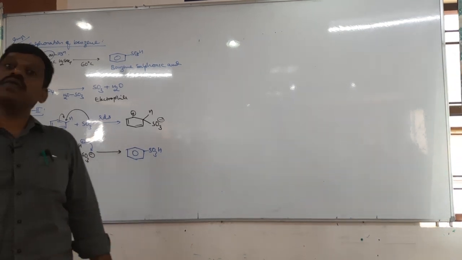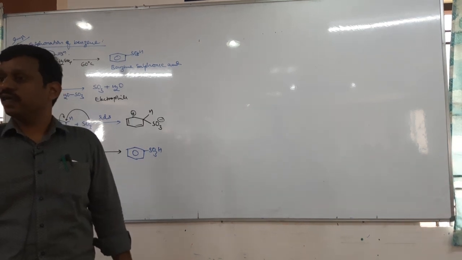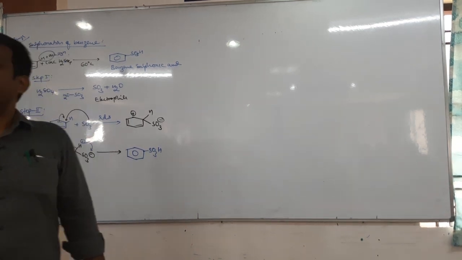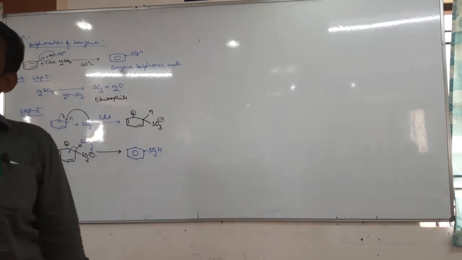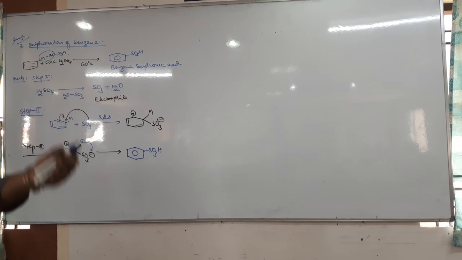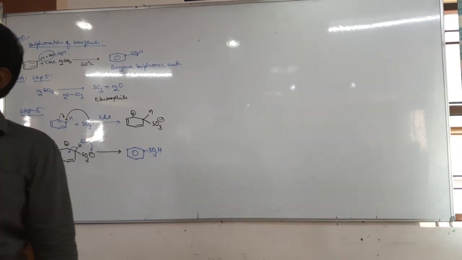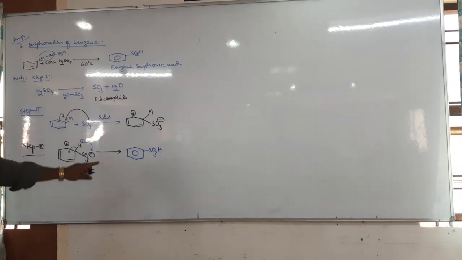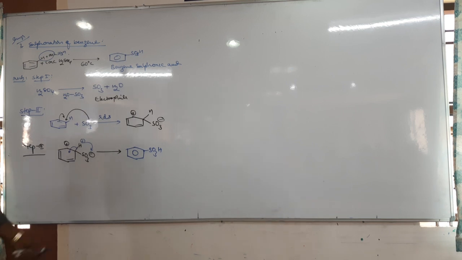And carbon-carbon multiple bonds are nucleophile only. Alkenes, alkynes, nucleophile. Carbon-oxygen double bond acts as both electrophile and nucleophile. Aldehydes, ketones and cyanides can act as both. Therefore, SO3 we have studied, it is a nucleophile, right? It is a neutral nucleophile.